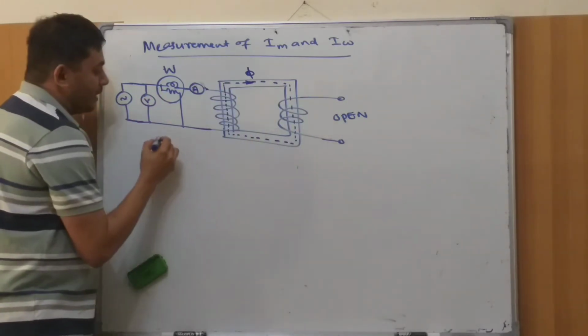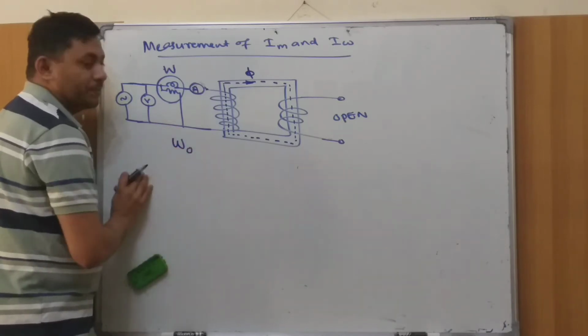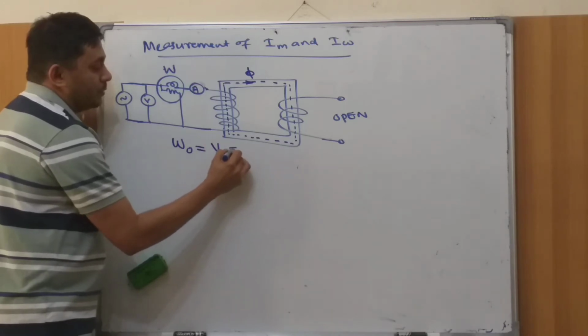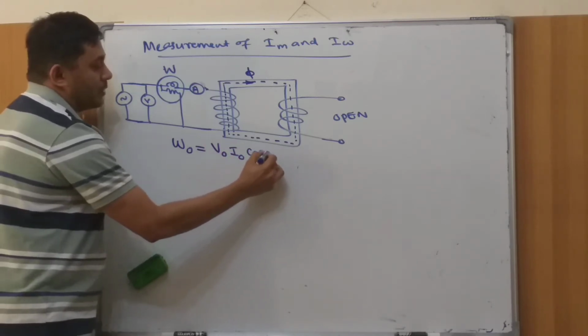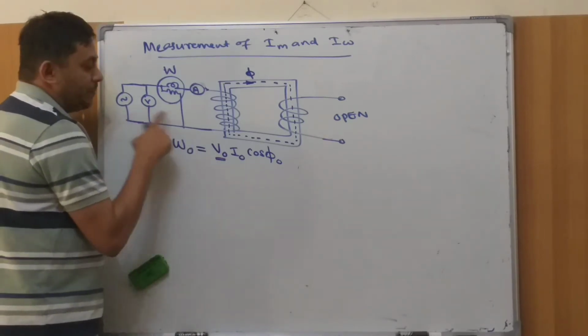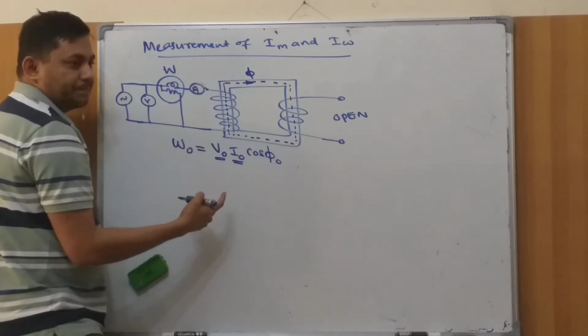Okay, so let's say the no load reading of the wattmeter is W0, and that W0 should be equal to V0 I0 cos phi 0, because it is AC power, right? V0 is the voltmeter reading, I0 means the ammeter reading, and cos phi 0 is the power factor, correct?